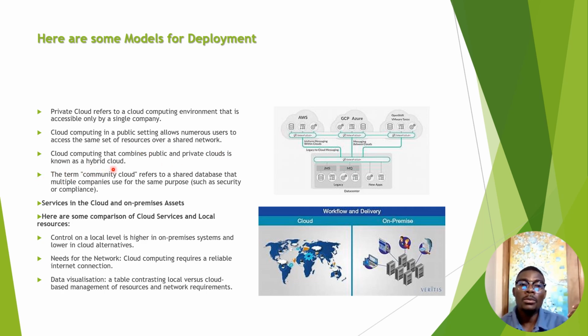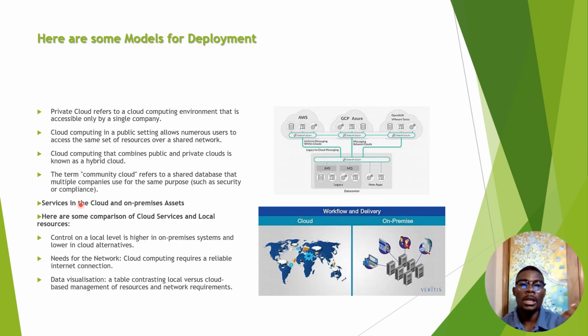We have cloud computing that combines public and private clouds, which is known as hybrid cloud. Very effective. You deal with the public and the private, both of them combined, and we call them a hybrid cloud.